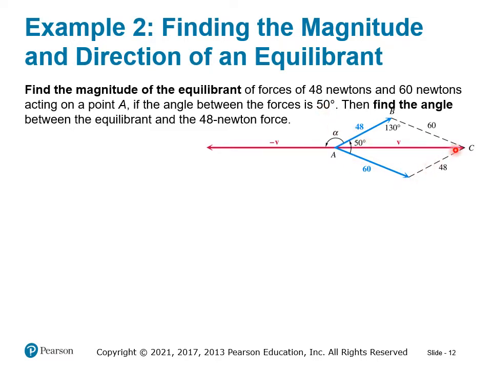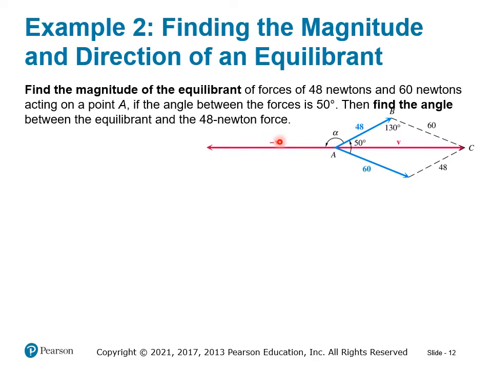Again, we build a parallelogram. The diagonal is then the resultant vector. And we want the equilibrium, which is the opposite of the resultant vector that's in this diagram, negative v. So we're looking for the magnitude of negative v.